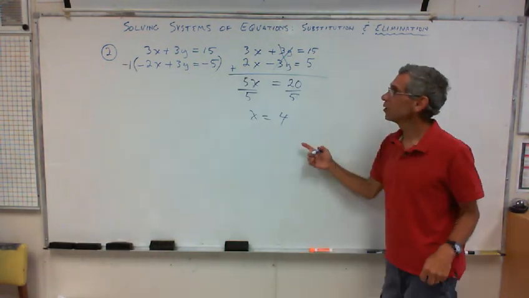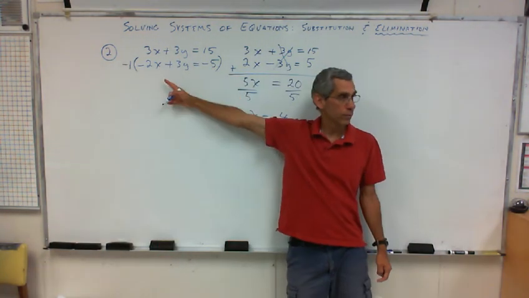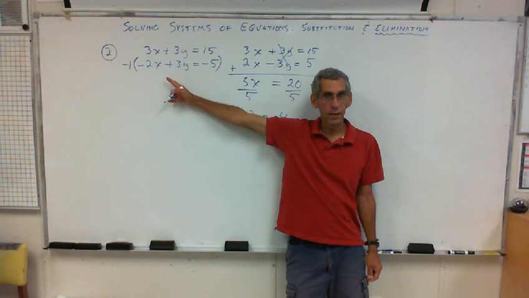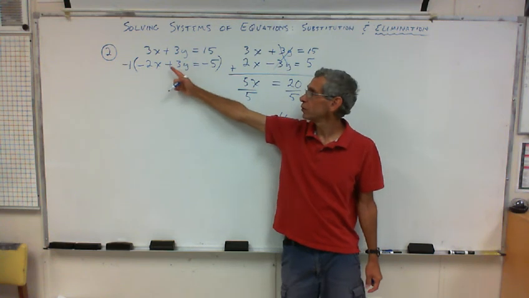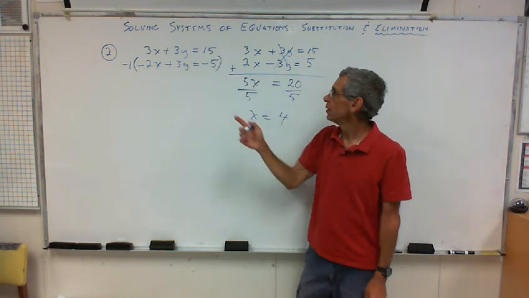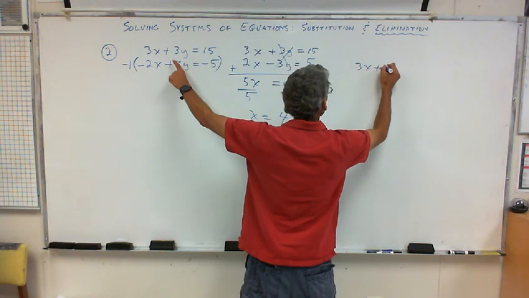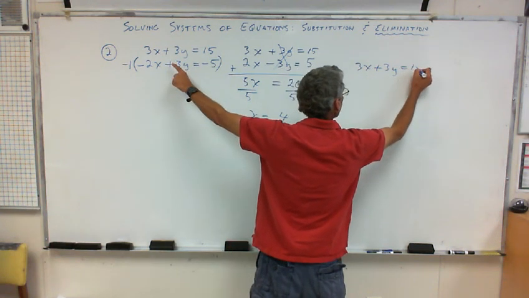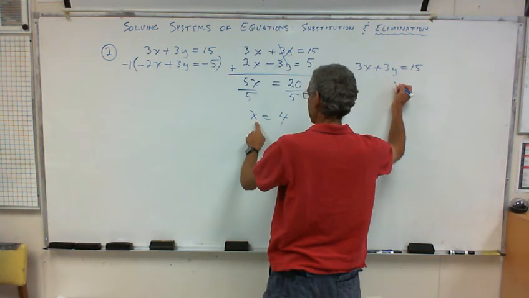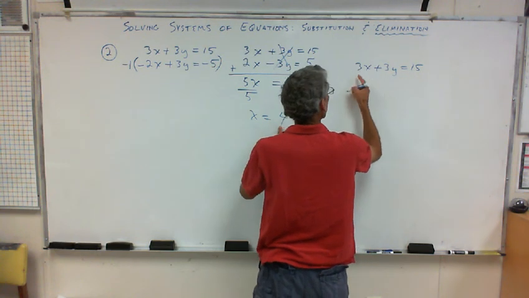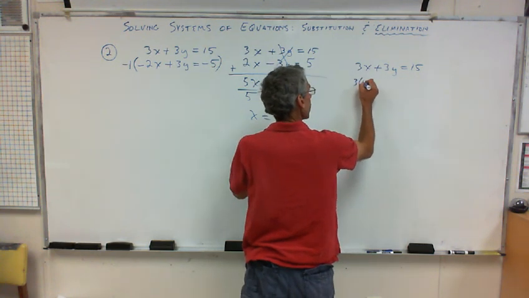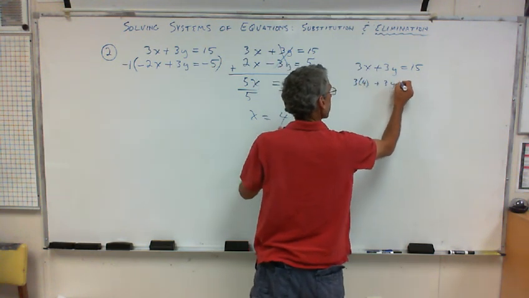So now I'm going to go back to my original problems. And I'm going to choose one of these. Which one would you like to choose? The first one. The top one. Okay. So 3x plus 3y equals 15. I write my equation first. Then instead of x I put a 4. 3 times 4 plus 3y equals 15.